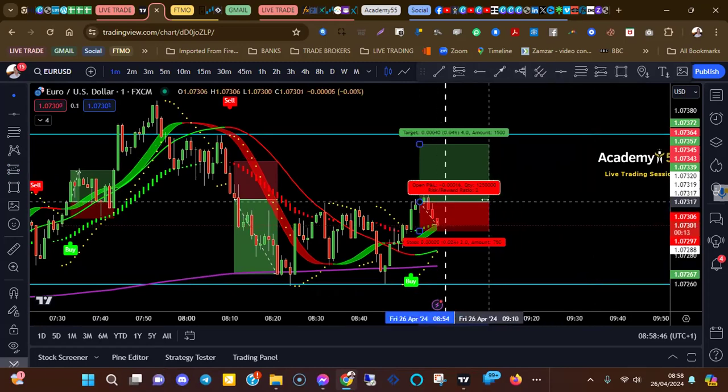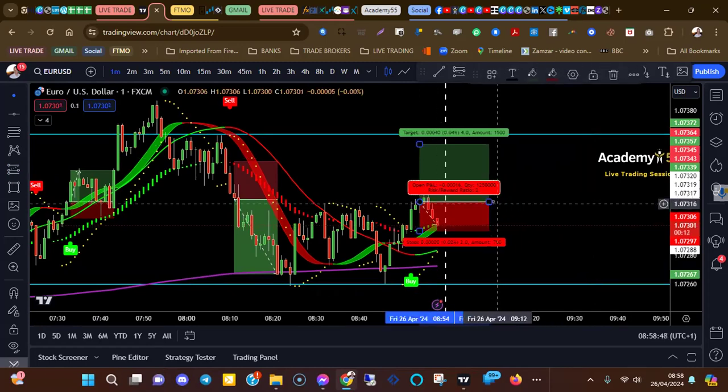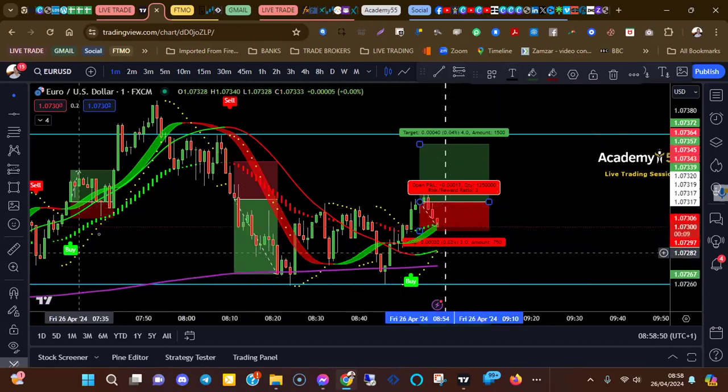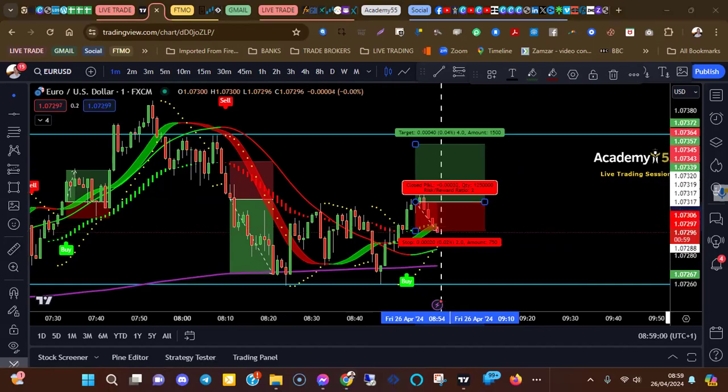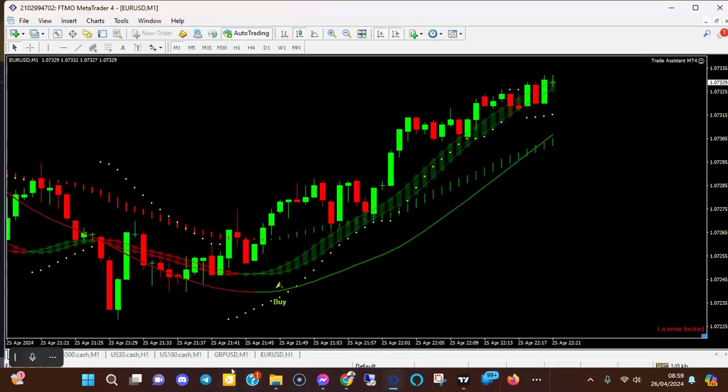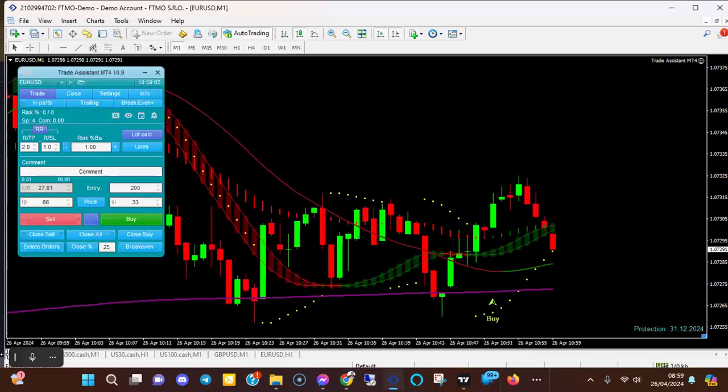But for live trading, I can only take a sell now because it goes buy, sell, buy. That reminds me, let's do a little bit of housekeeping. Start up the NT4 and make sure you are on EUR USD on the 1 minute time frame, and they're all important.